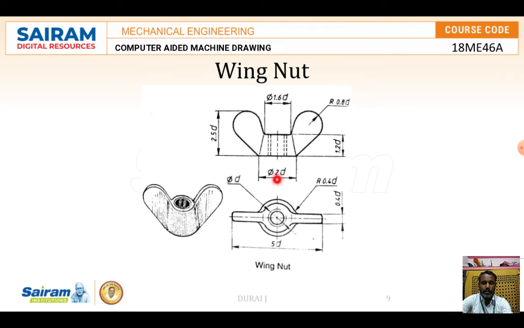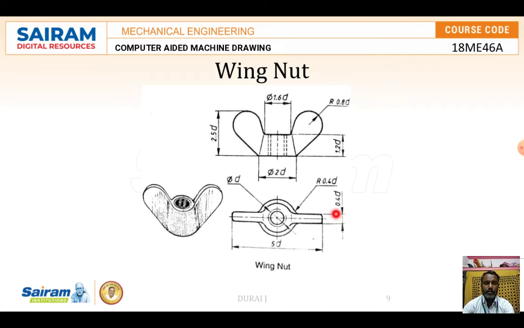The distance from here to here, that is the diameter of the thread, is 2d. So this is 1.6d. The original diameter is coming from here to here. Okay, so the outer portion from here to here, the distance is 5d.